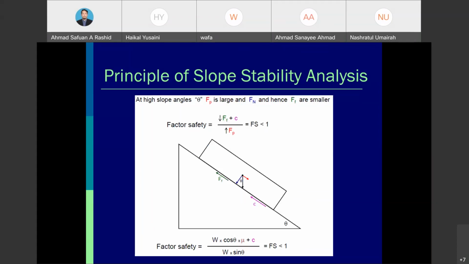At a high slope, Fp is large, and Fn and hence Ff are smaller. So that is the logic.